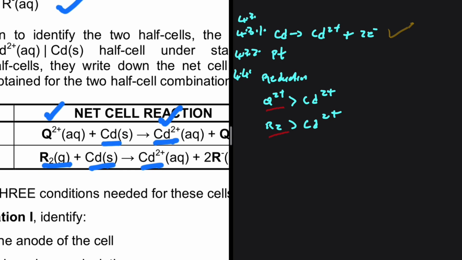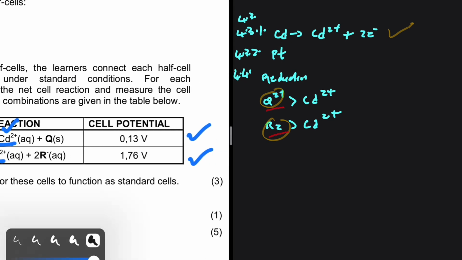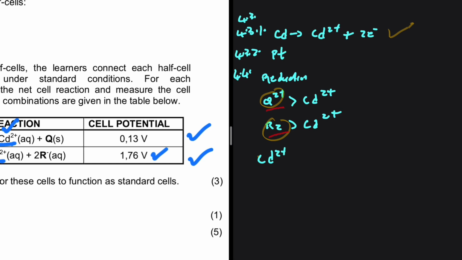So whichever oxidizing agent between these two leads to a higher EMF will be our strongest oxidizing agent. And if you look at the cell potential, R2 is giving us the highest cell potential. So we can say that Cd 2 plus is the weakest, followed by Q 2 plus. And the strongest oxidizing agent is R2.